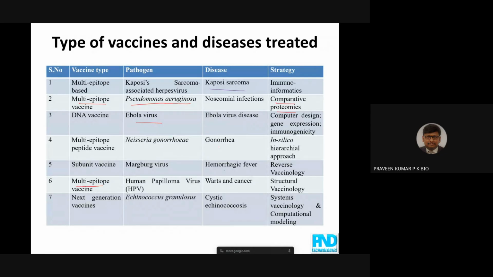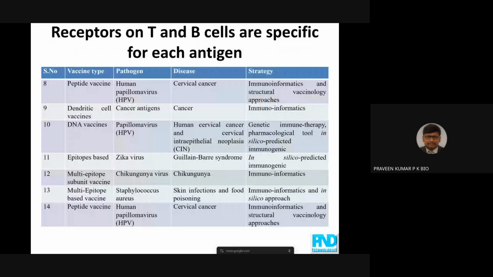So we have many kinds of computational informatics that can be used for targeting different types of disease. Other than viruses, for cervical cancer we have a peptide-based vaccine, which is done through an immunoinformatics approach.